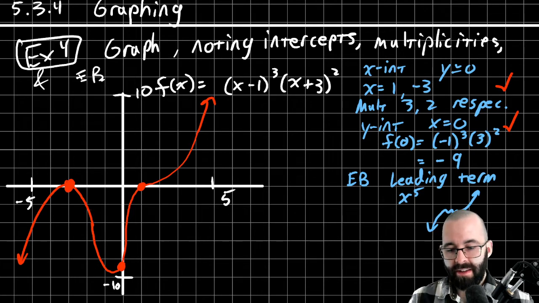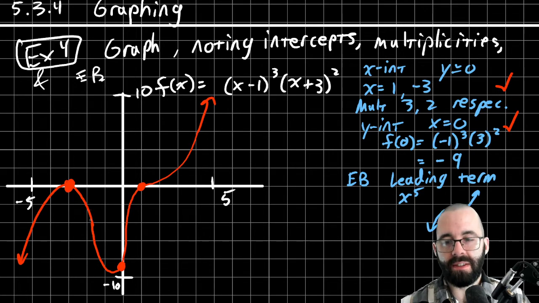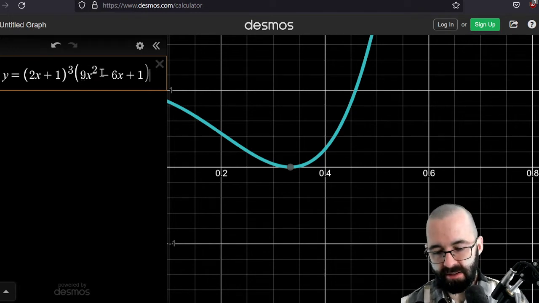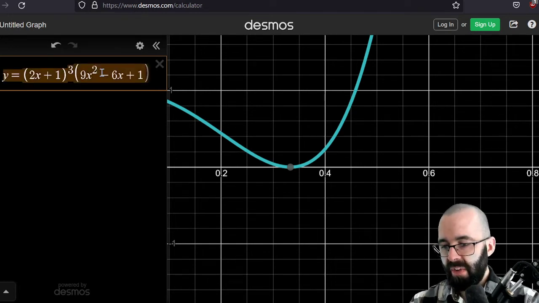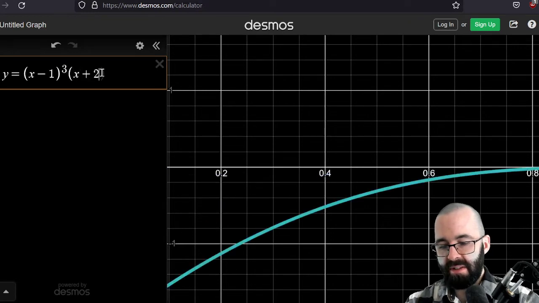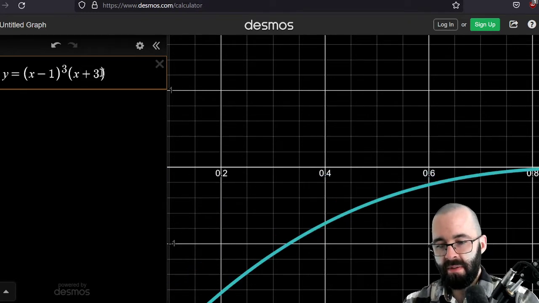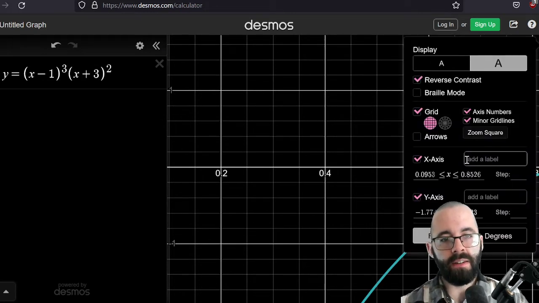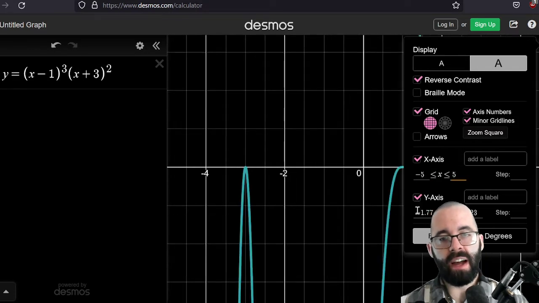Let's check our answer and see how good our graph looks. So we're looking at this. This is x minus 1 cubed times x plus 3 squared. And when we're checking our graph, let's hit that wrench icon. And in our graph, we're looking from -5 to 5 for x.